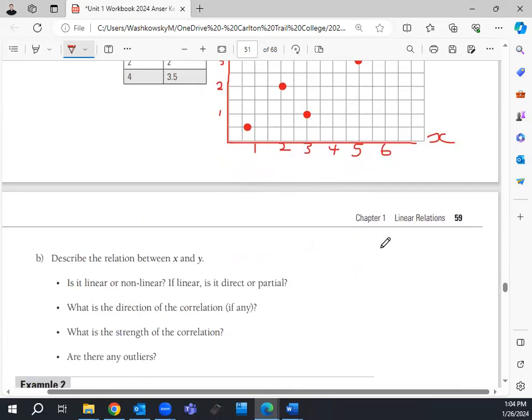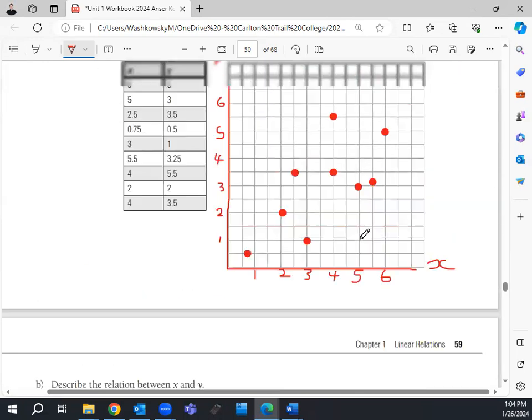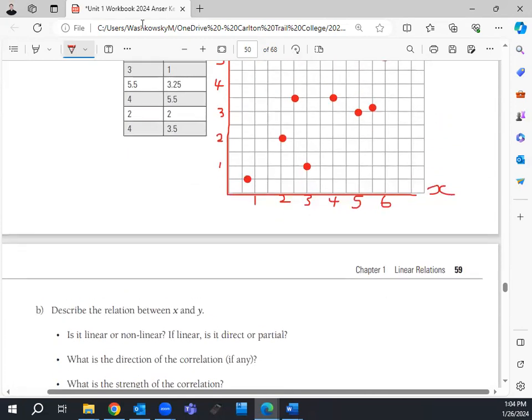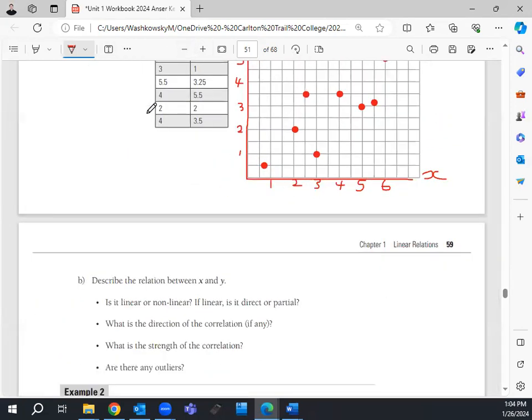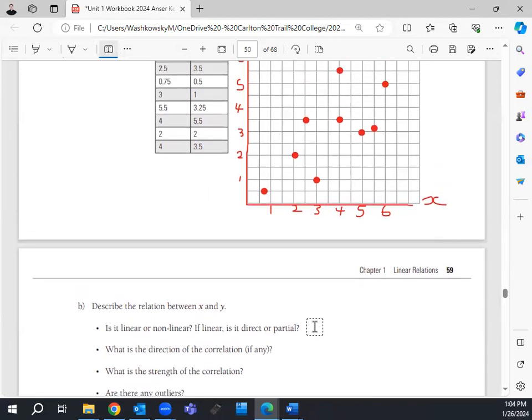Let's, I'm going to be going up and down a little bit here just because of their positions. You know what? No, I'm just going to zoom out a little bit. Okay. So question B, part one of it is asking us, is it linear or non-linear?